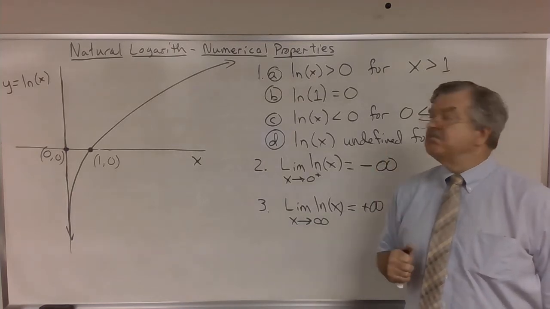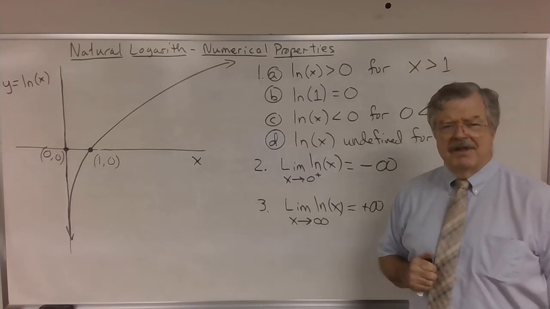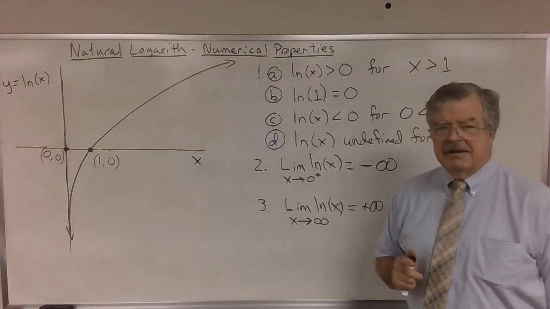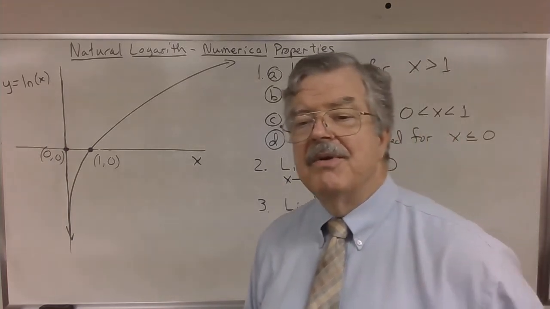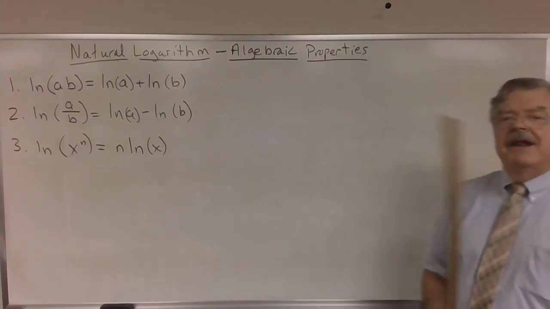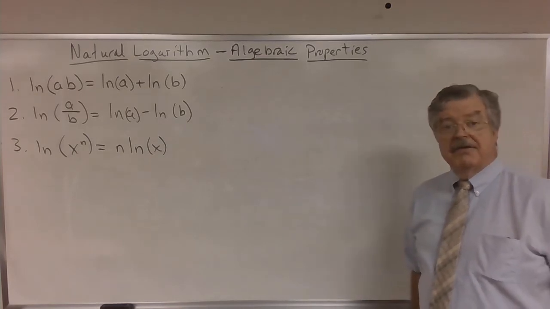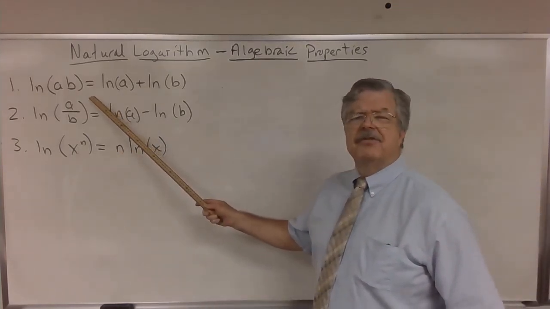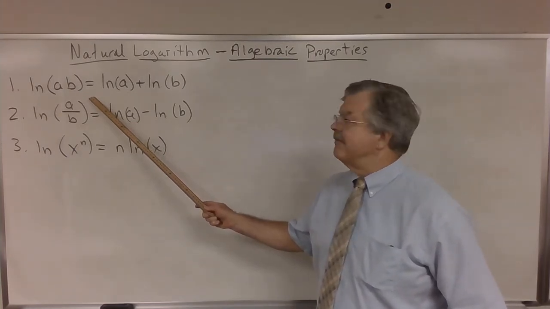Now, we've looked at numerical properties of the natural logarithm. We also need to look at algebraic properties of the natural logarithm. So that's what we're going to do next. Natural logarithm algebraic properties. And here they are. Number one, this is the fundamental property that all logarithms have.